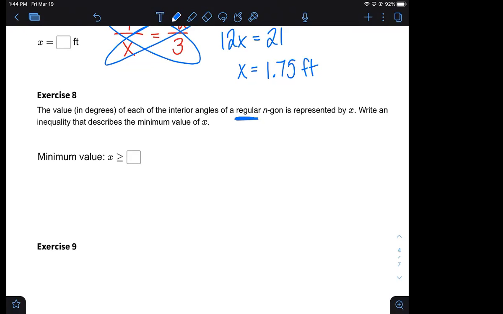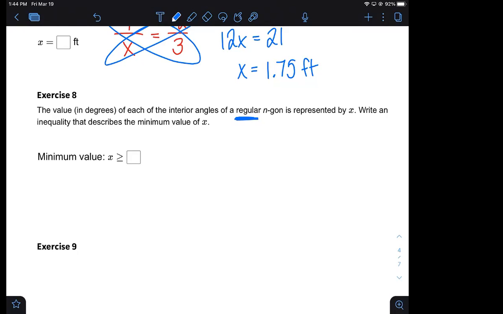But x represents each of the interior angles on a shape where we want the minimum value. So what's the minimum number of sides that a polygon can have? 3. The smallest number of sides you can have on a polygon is 3, which is a triangle. We mentioned this on Wednesday. What's a regular triangle look like?